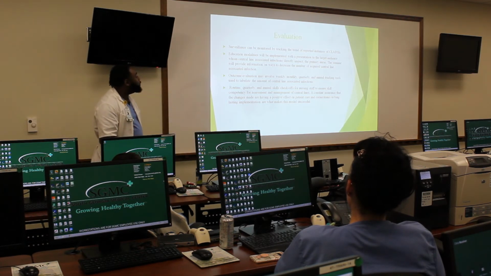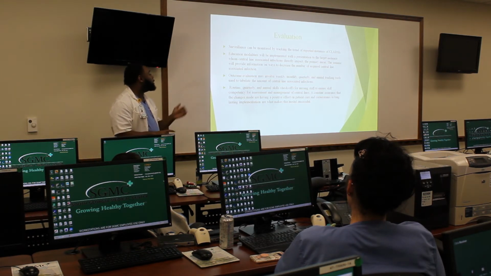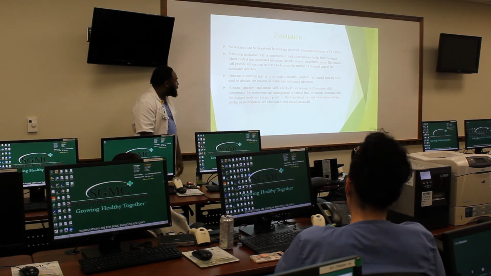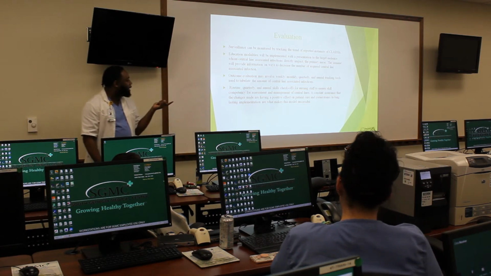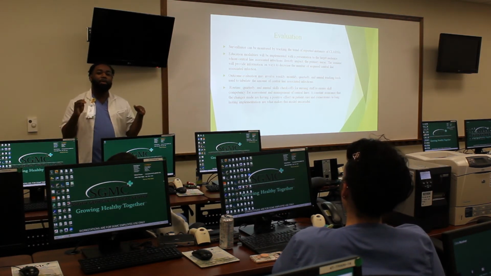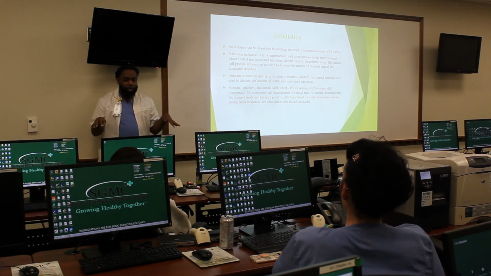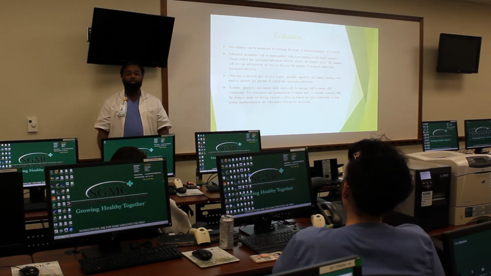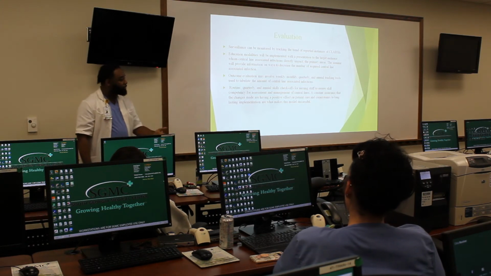And we'll track the tubes to help tabulate the amount of central line associated infections. Routine, quarterly, and annual skills lab checkoffs for nursing staff to ensure competency for the assessment and management of central lines. And that's actually something we just started with our annual skills lab, a workstation for central line management.